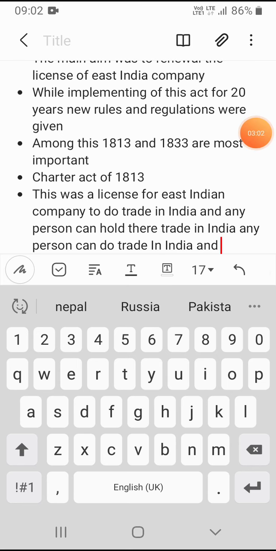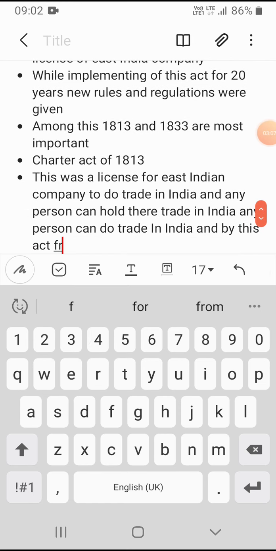And by this act, the free trade era started in India.